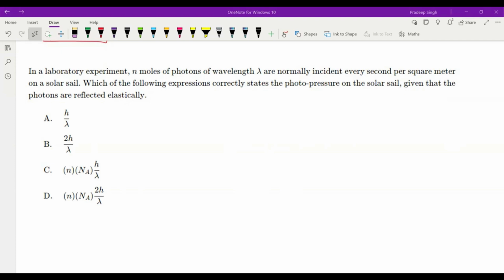So when you say reflected elastically, does that mean it follows the law of reflection?